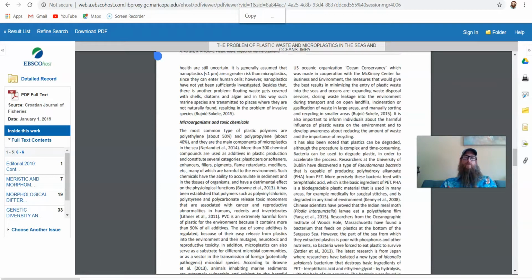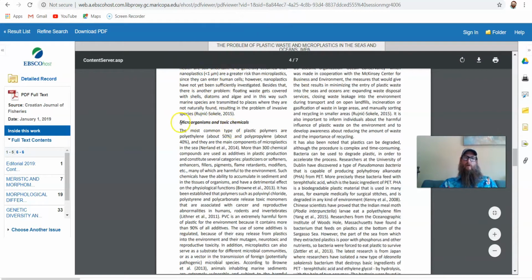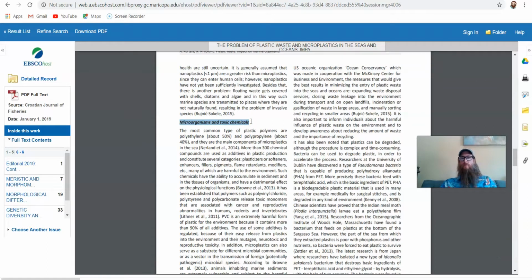Now, of course, there's lots of other facts in here as well, right? There's a whole other section talking about the toxic chemicals that are associated with the plastic, right? So you just decide, again, you're supposed to have read the whole thing to develop a sound annotation for it in the annotated bibliography. And so the idea is that you know it well and you've identified the data that you're most interested in commenting on and talking about, right?